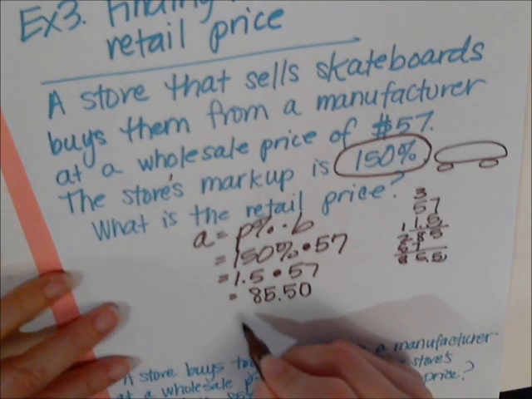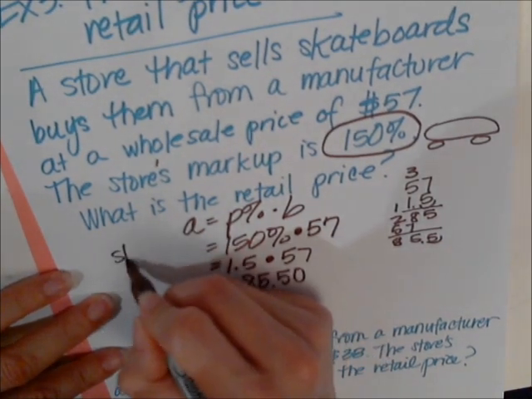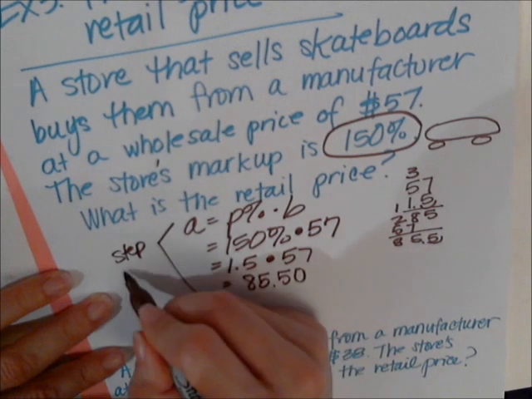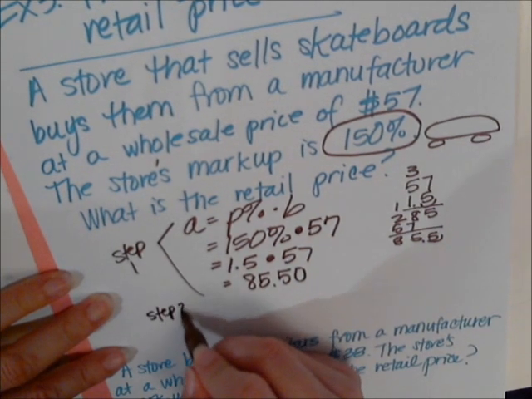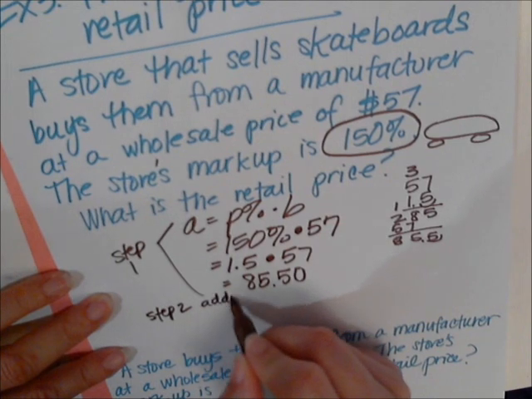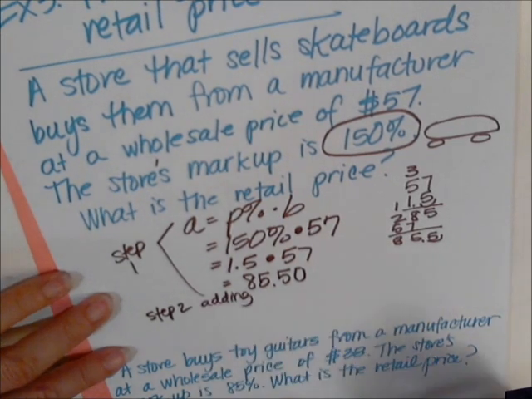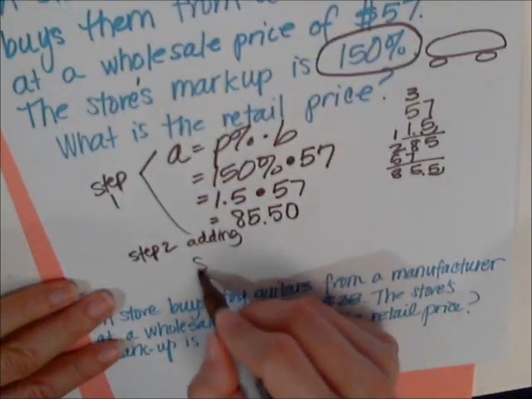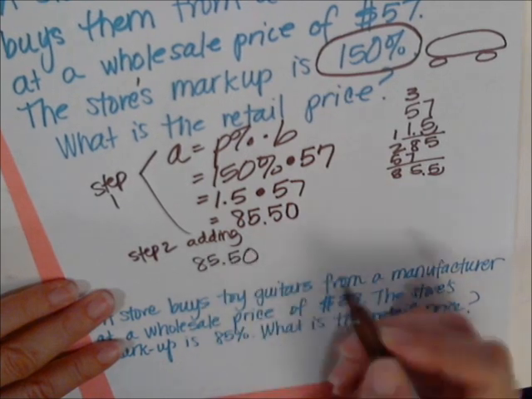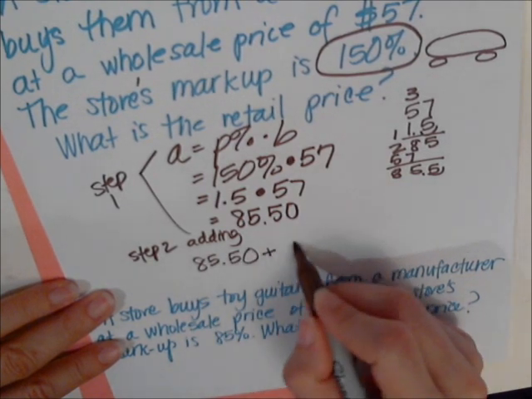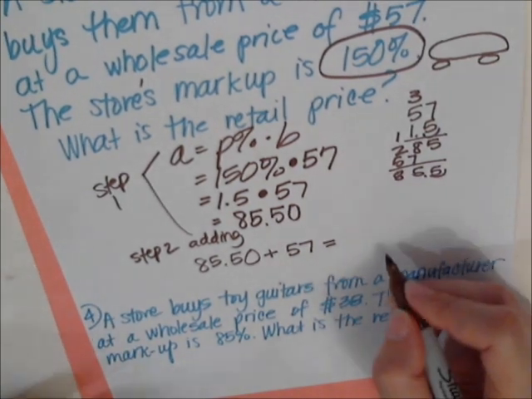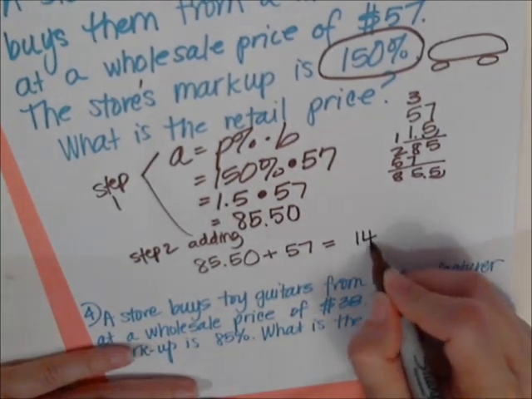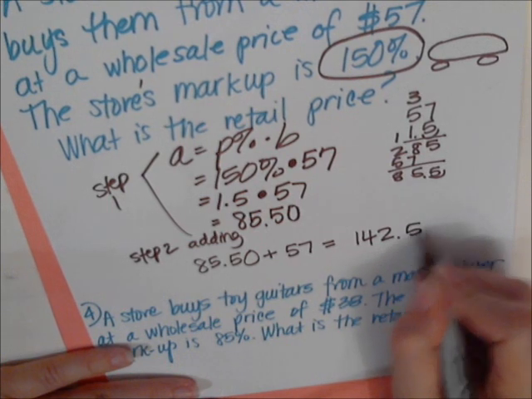So step one is finding the percent of the number, but step two is adding. So we are going to add $85.50 plus $57, and that equals $142.50.